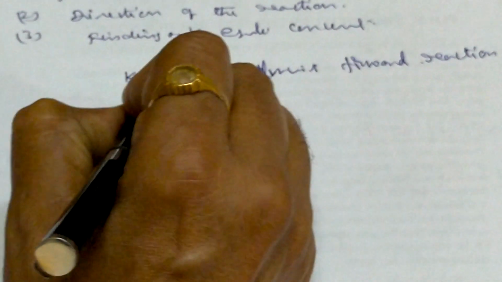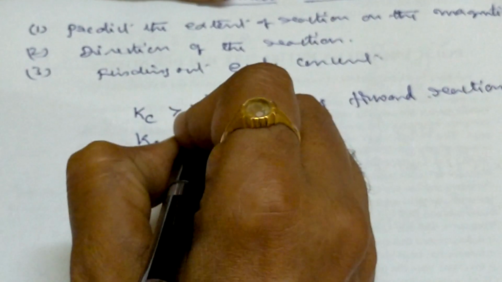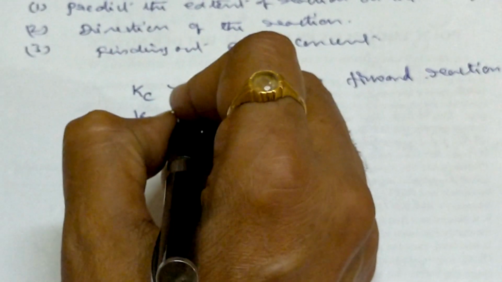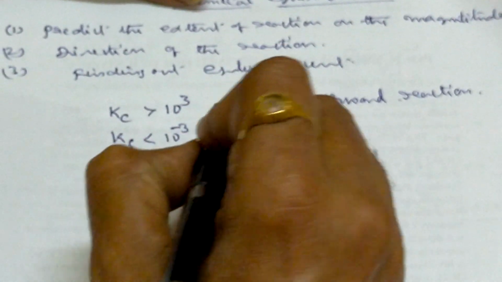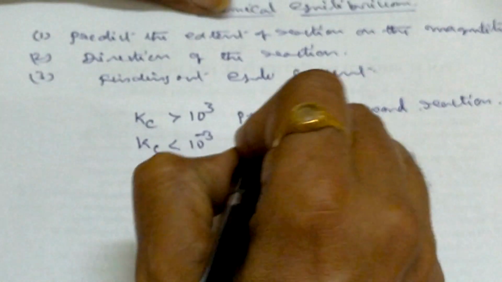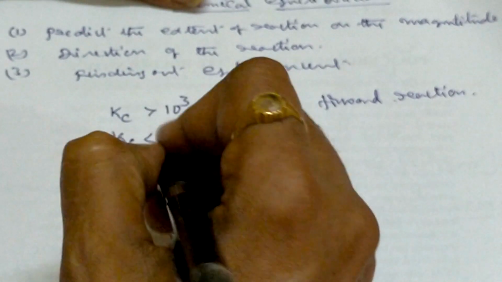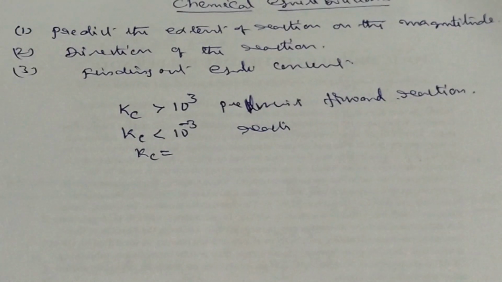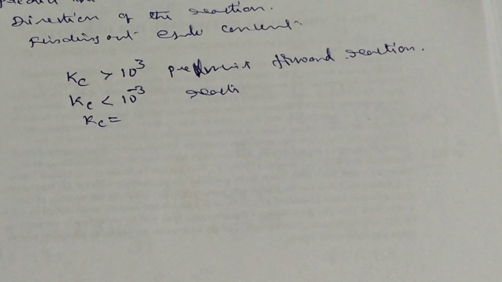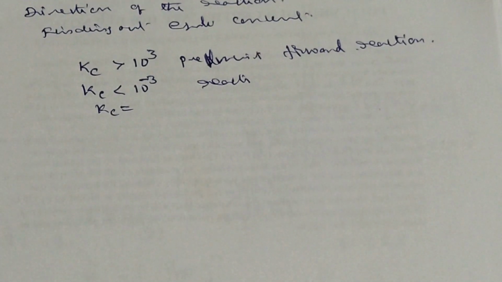If Kc is less than 10 to the power minus 3, then it favors the reactants. If Kc is roughly 10 to the power of 3, then it will be at equilibrium. Some small examples we will see, then we will come to know the values.